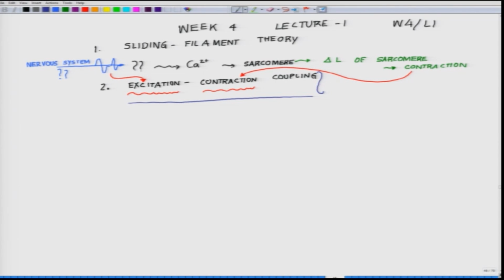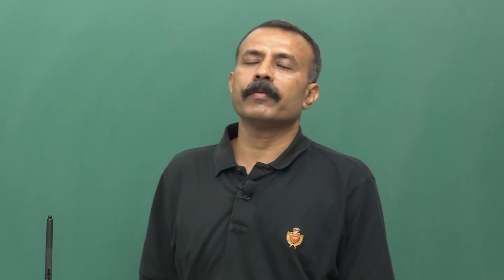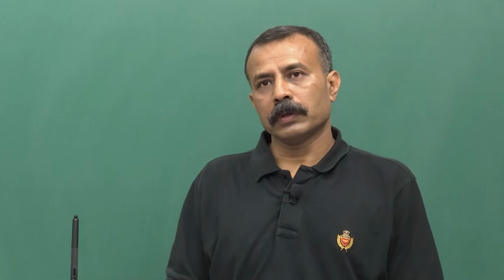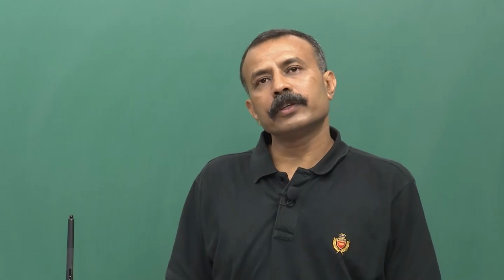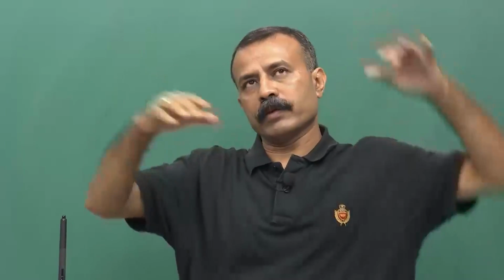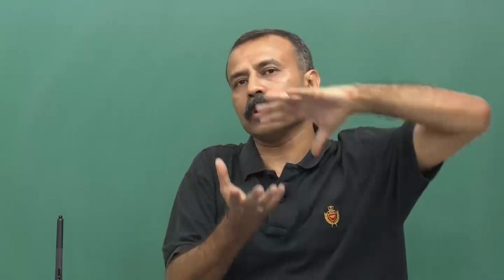I will come later into this, because this is one small piece which needs to be discussed in detail, because this excitation contraction coupling has some other ramifications in terms of the three-dimensional geometry of muscle, where you have a lot of these fibers which form a three-dimensional geometry, and how the signal really travels all across it.